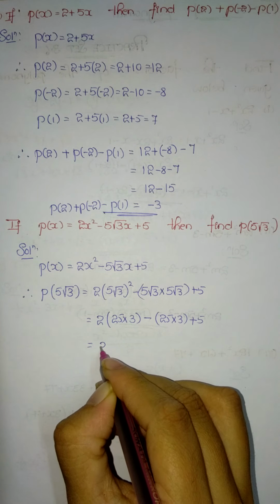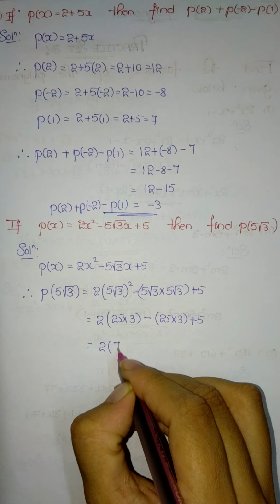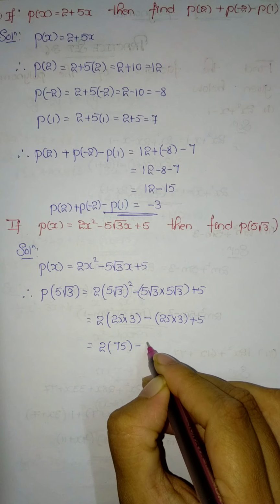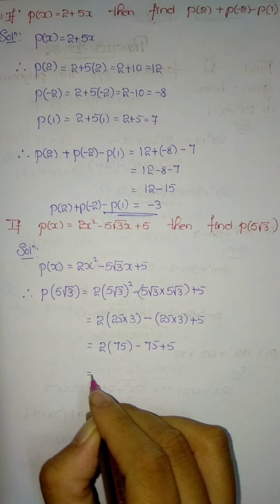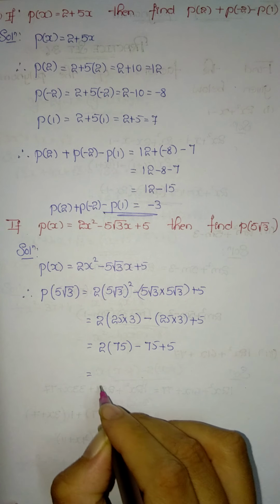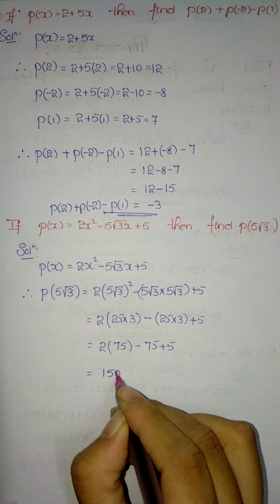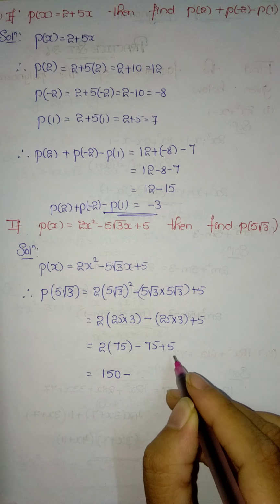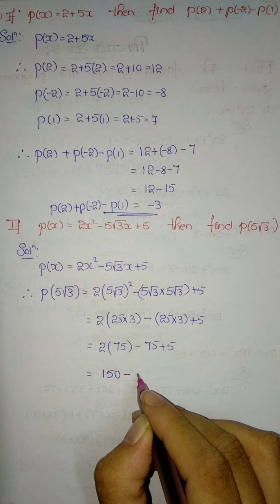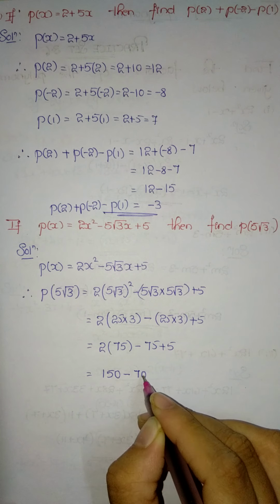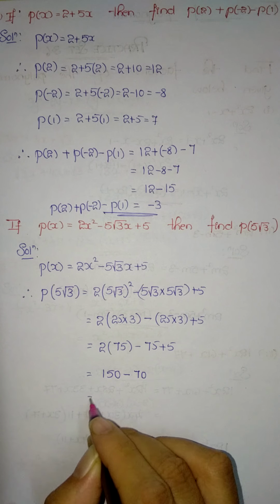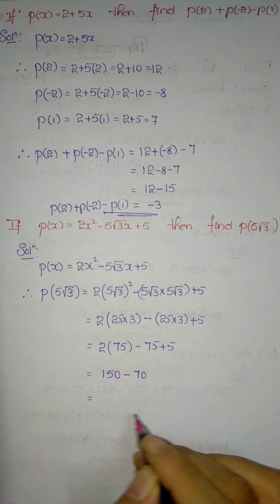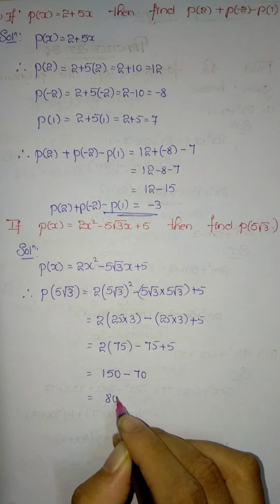So here 2 into 25 into 3 is 150, minus 75 plus 5. So 150 minus 75 plus 5 becomes 150 minus 70, and it becomes 80.